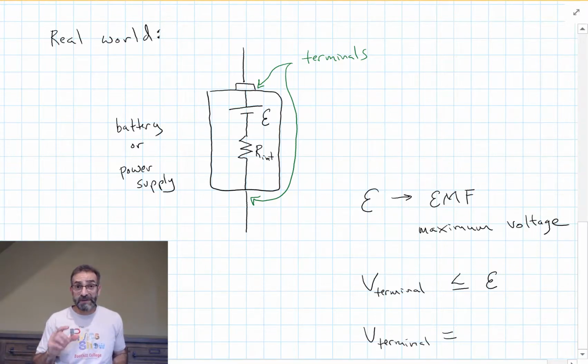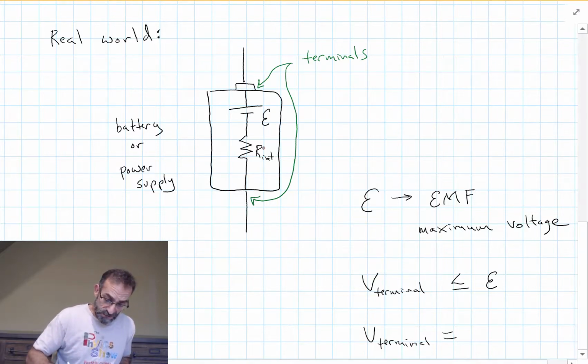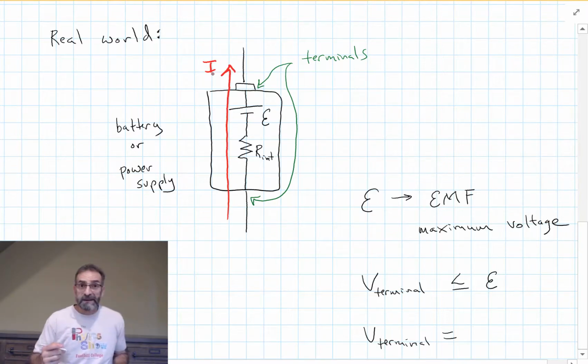Because the terminal voltage, as we move through this battery in the direction of the current, we drop by the potential difference across the resistor inside the battery, R internal.